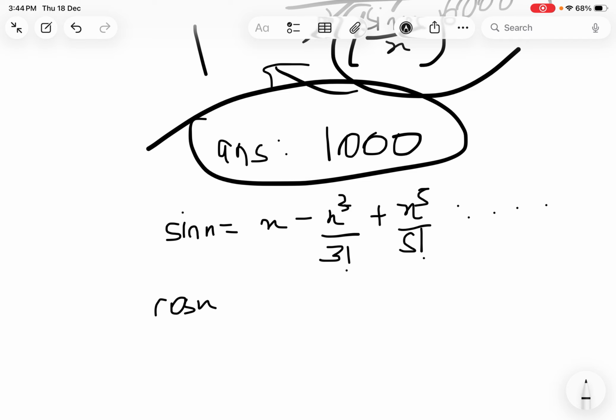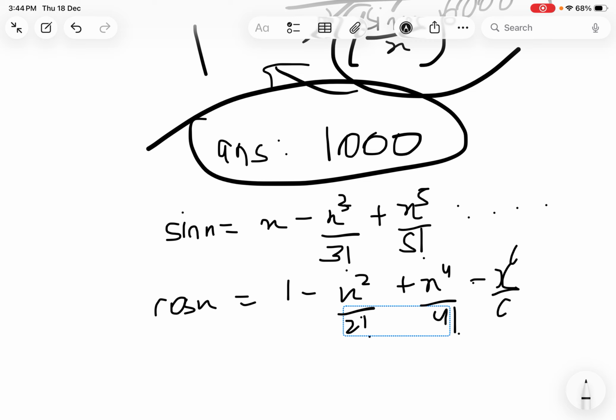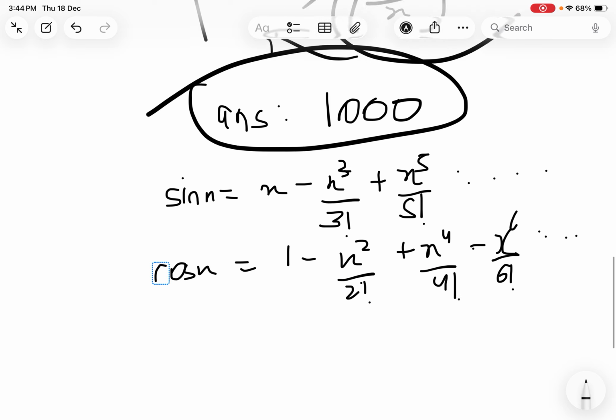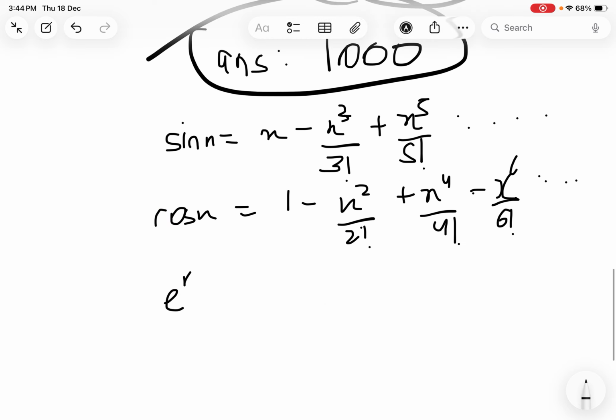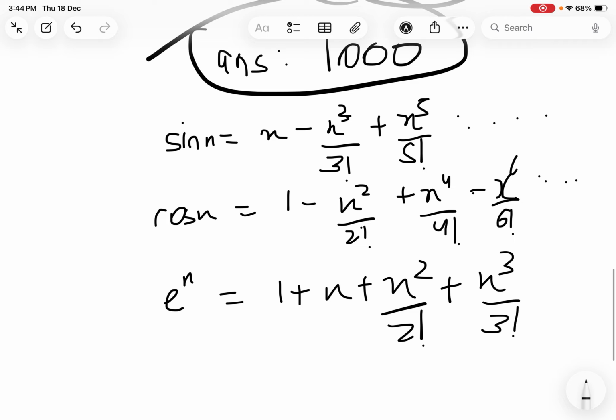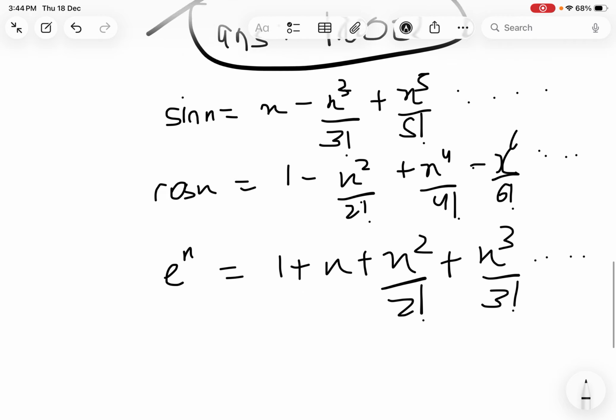Cos x becomes 1 minus x square by 2 factorial plus x4 by 4 factorial minus x6 by 6 factorial, and so on. E raised to the power x becomes 1 plus x plus x square by 2 factorial plus x cube by 3 factorial, and so on.